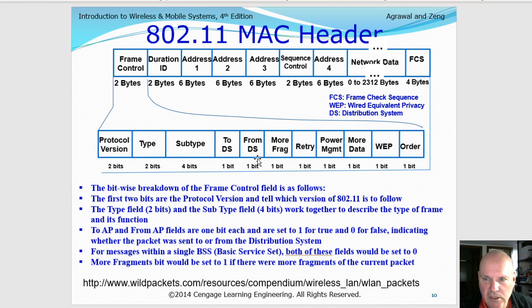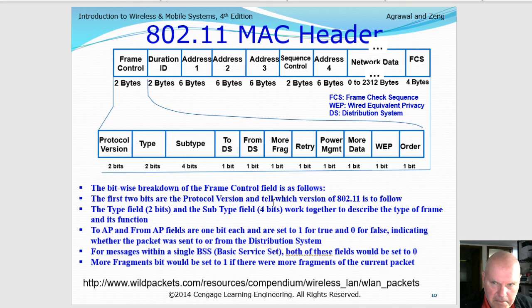They're called DS here. These are access point fields to indicate whether it's from one access point to another access point. Typically for user data, both of these are set to 0, and then there's another bit used to indicate whether this particular packet contains all the data for this transmission, or that it's part of a longer set of data that had to be fragmented, broken up into smaller packets.